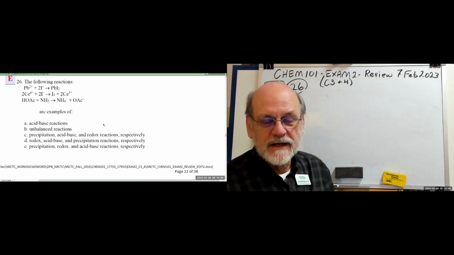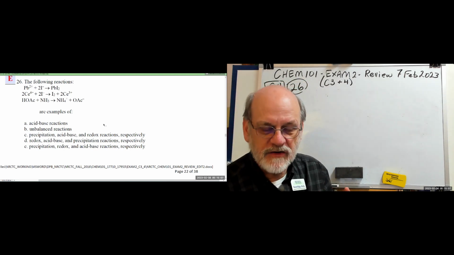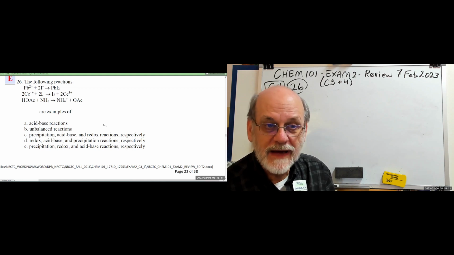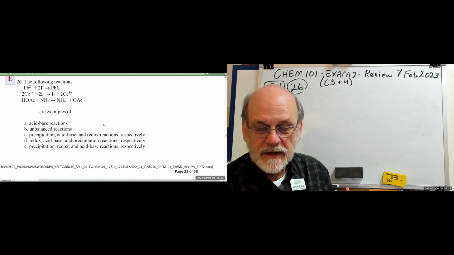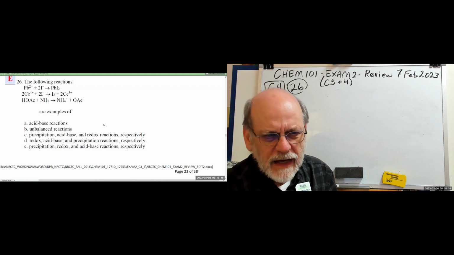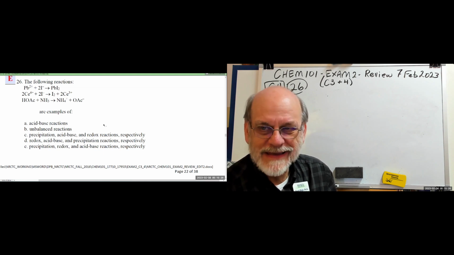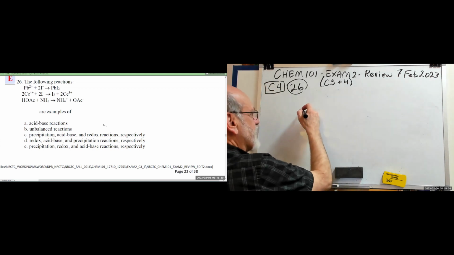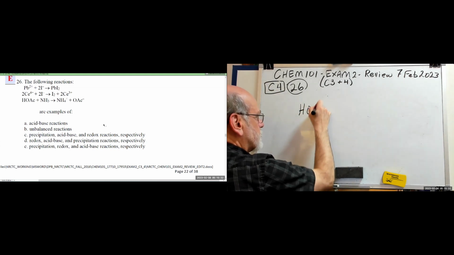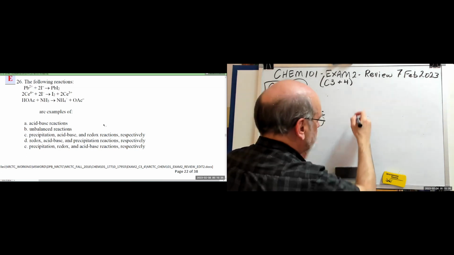Okay. So we have these reactions: lead 2+ ion plus 2 iodide ions yields lead iodide. 2 cerium 4+ and 2 iodide ions yields iodine plus 2 cerium 3+. HOAc is an abbreviation for this compound.